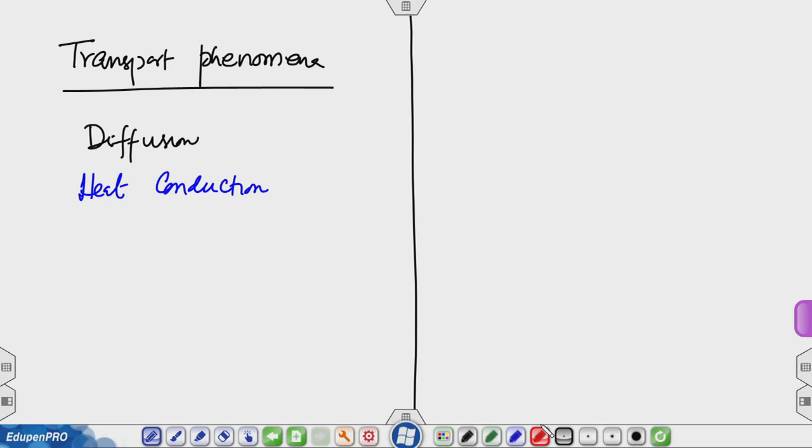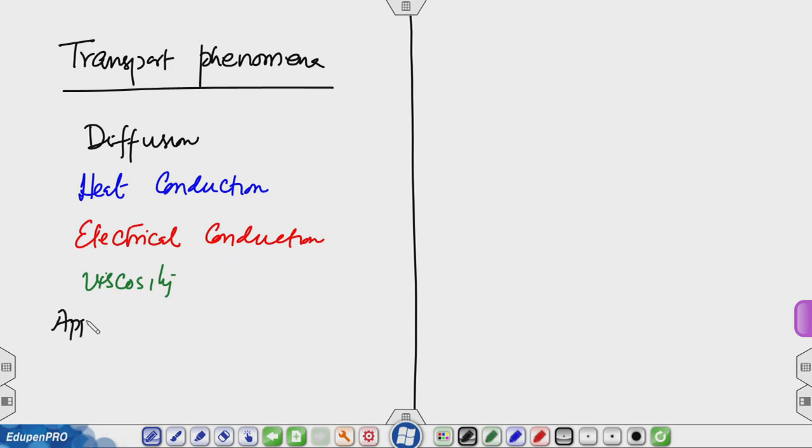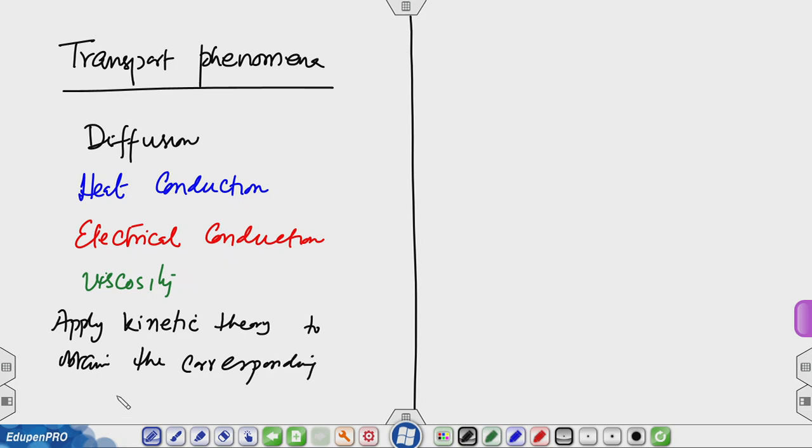We are going to talk about electrical conduction and viscosity, and apply kinetic theory to obtain the corresponding constants, which I'll talk about in a few minutes.